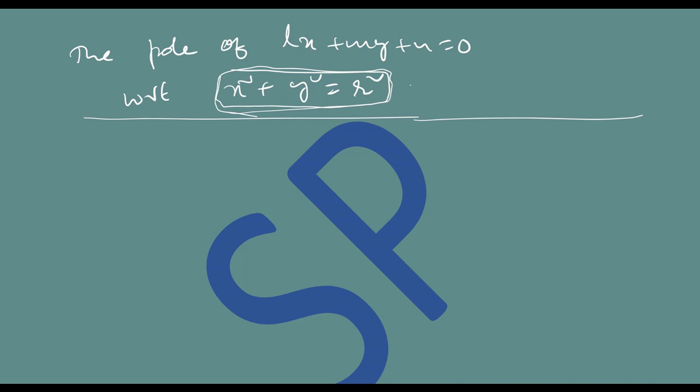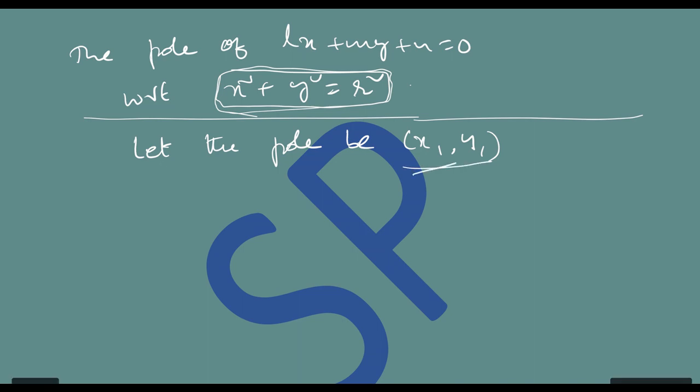Okay, let's find the pole. I told you, we simply employ technique 1. I don't know the pole, let the pole be x1 comma y1. So this is its pole, means for this point this is the polar. Now we know polar is nothing but S1 equal to 0.